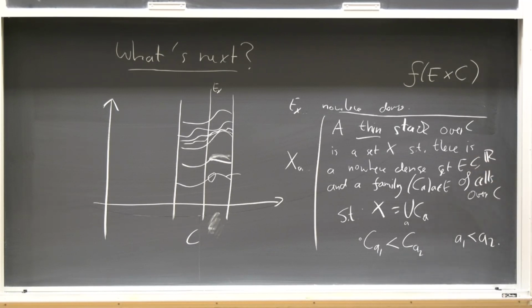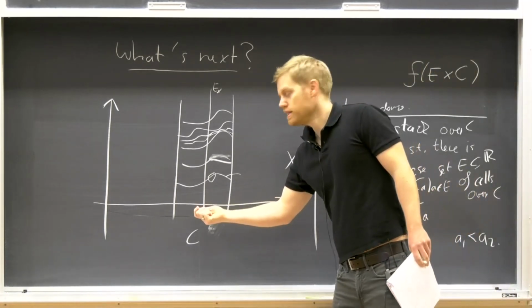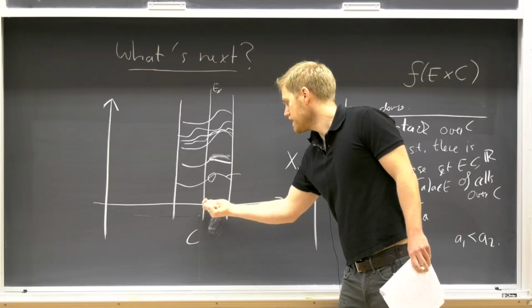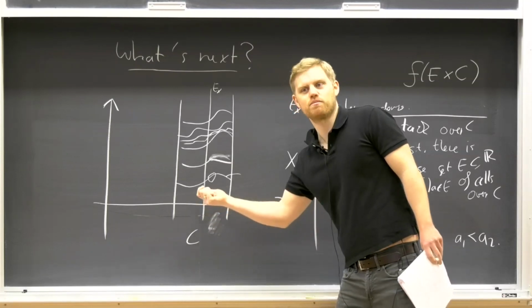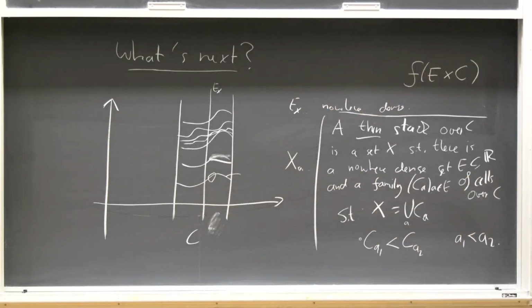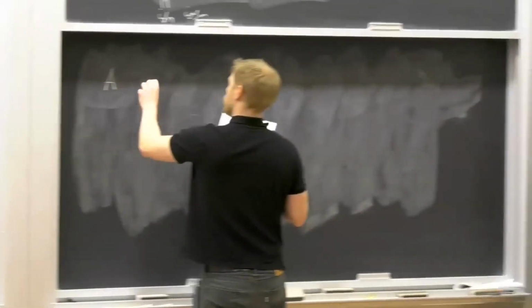Even then, each of these fibers here is definable, but the point is that you will not have some kind of bijection between these fibers. That's really too good to be true, even in the o-minimal case. So, and then I would call it grid.